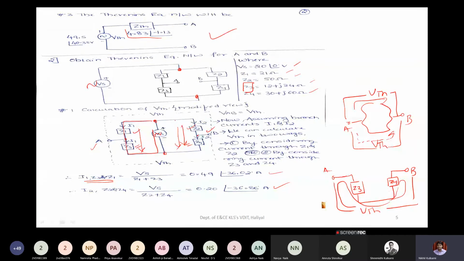Here, as we have calculated I1, this current will be flowing I1 through these two impedances, because of this voltage source, and here you will be getting I2. So I1 cannot flow, it is not a single loop.